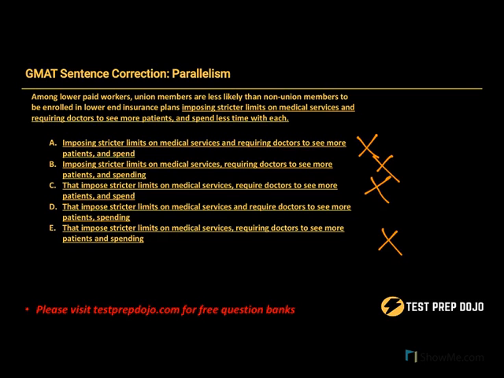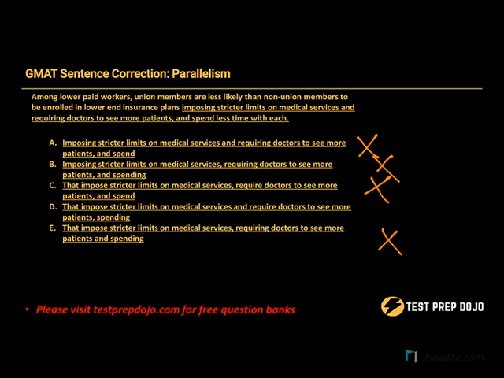It is wrong. And what do we have? We have one left here. So the insurance plans impose stricter limits on medical services and require doctors to see more patients. Are those meant to be in parallel? 100% yes. And who is meant to spend less time with each patient? It's the doctors. And what do ing modifiers do? They modify the action of the prior clause.